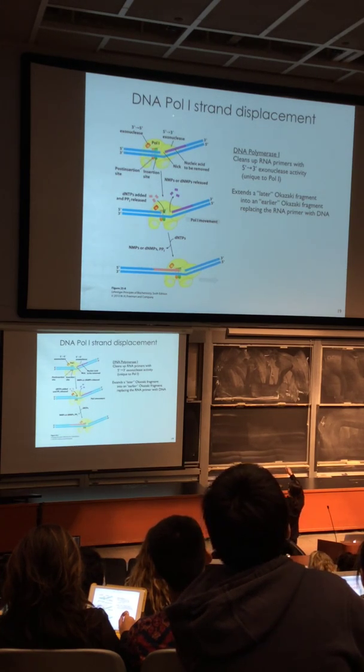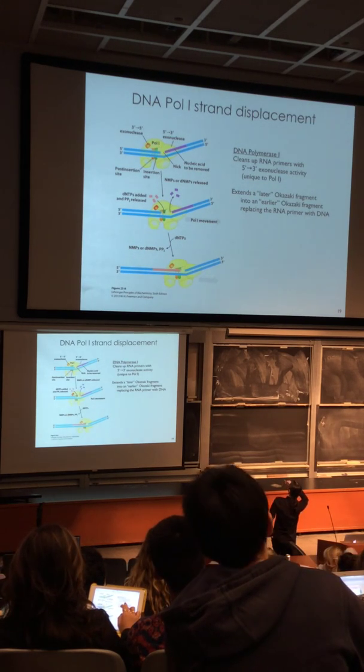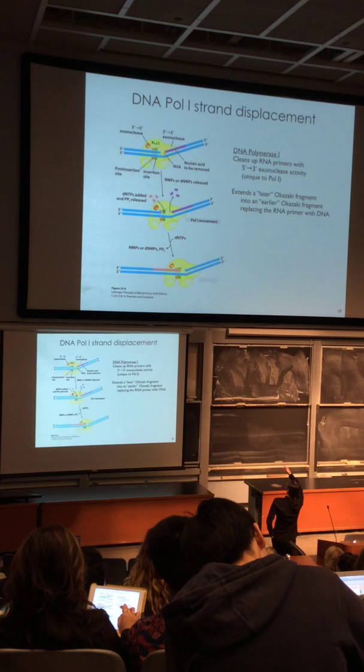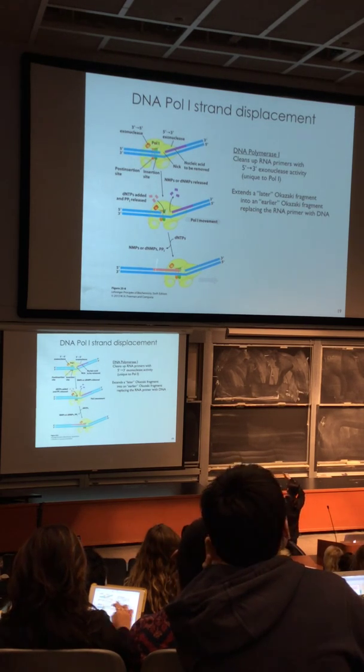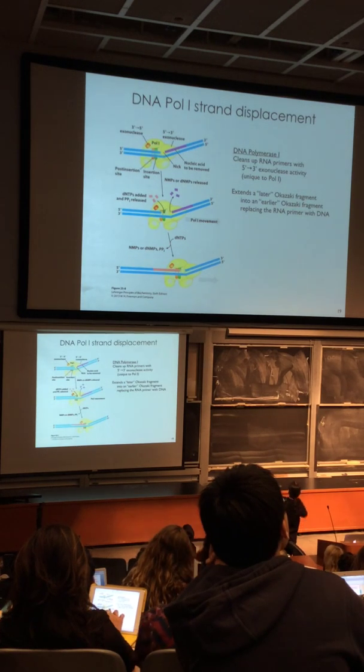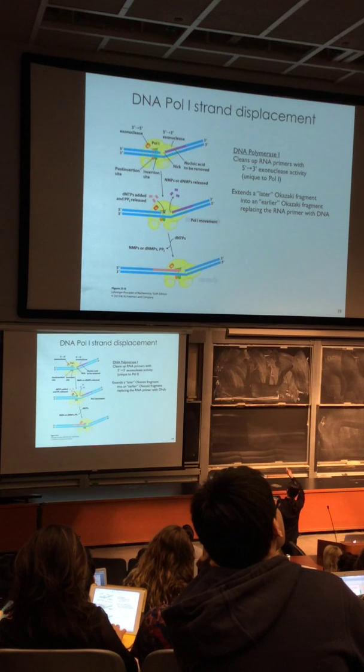So the 5' to 3' activity goes 5' to 3' on this Okazaki fragment, whereas the polymerase activity goes 5' to 3' synthesizing a new strand, and so it extends this later synthesized Okazaki fragment out through the RNA primer of the earlier Okazaki fragment.